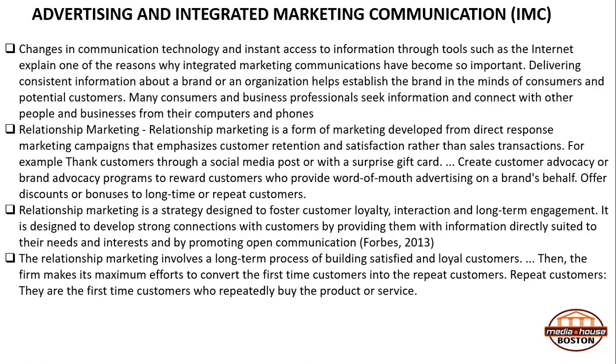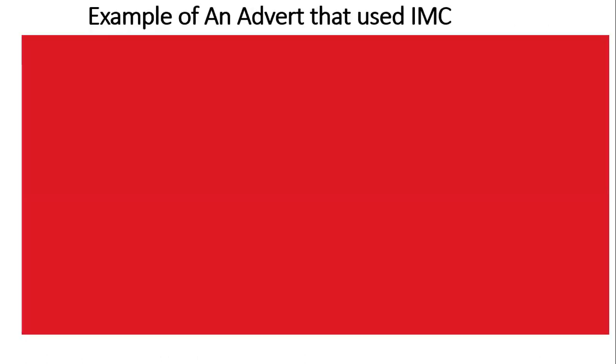Remember, repeat customers are the first-time customers who repeatedly buy the product or service. Those customers that keep on coming back to your services or to your product. So relationship marketing is saying it is important to have those kinds of people as your customers, and you need to make sure you satisfy them. Okay. Any questions there?